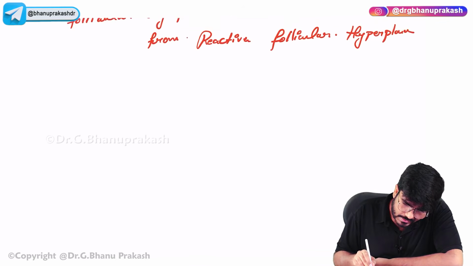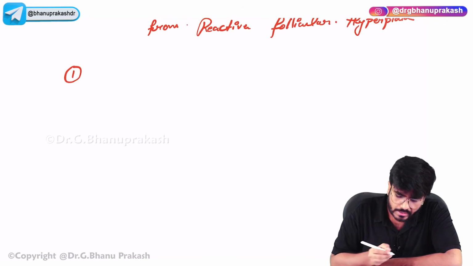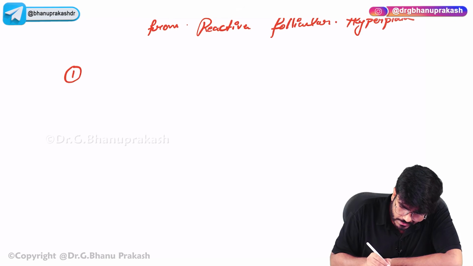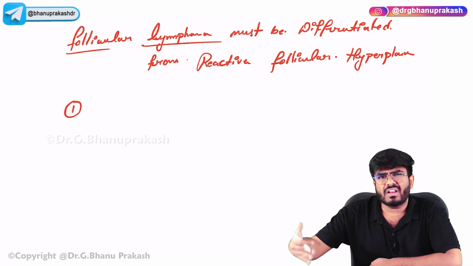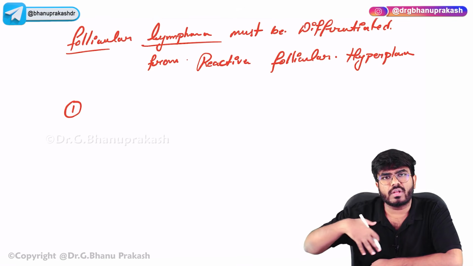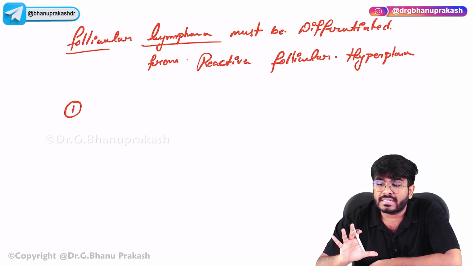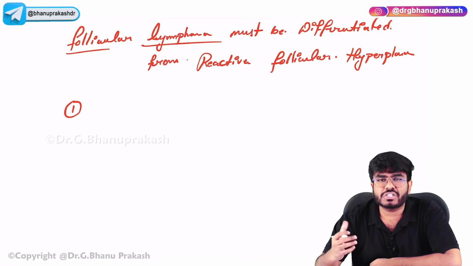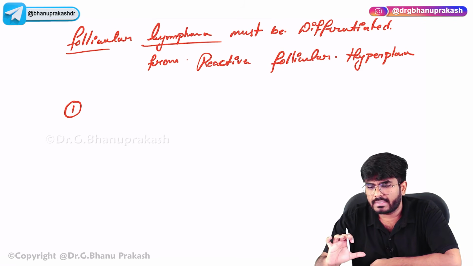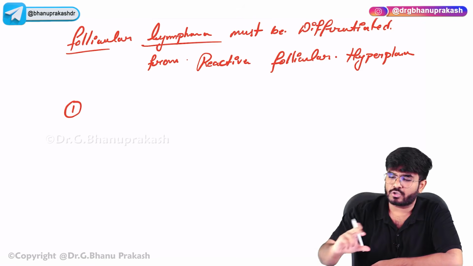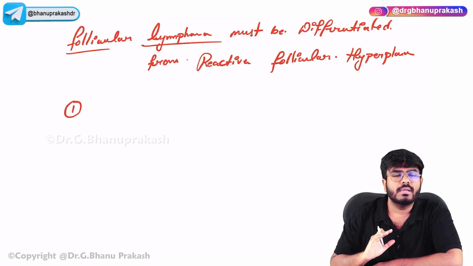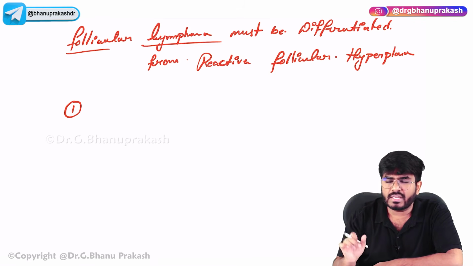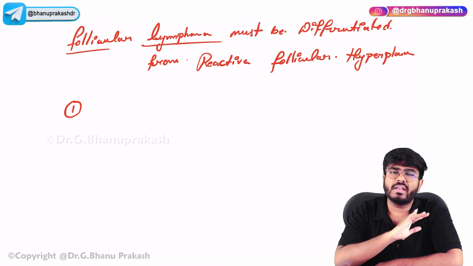How to differentiate? First of all, if it is follicular lymphoma, in the entire lymph node there are going to be follicles everywhere. So there is a distortion in the architecture of the lymph node. It should actually have a cortex, paracortex and sinusoids, but now it is not like that. If you take the lymph node, it's follicles everywhere.